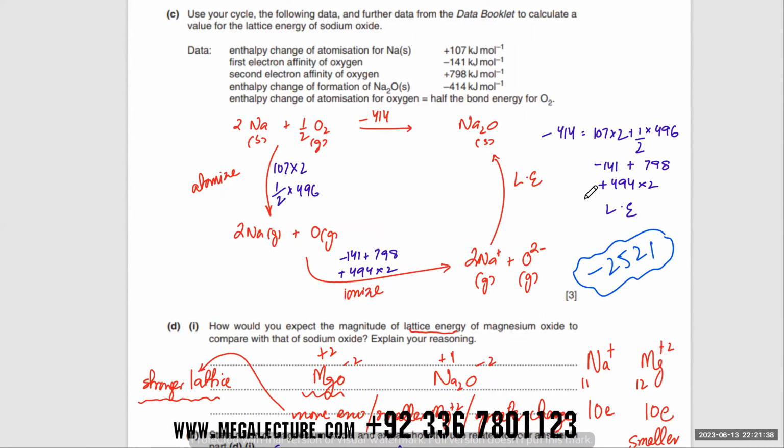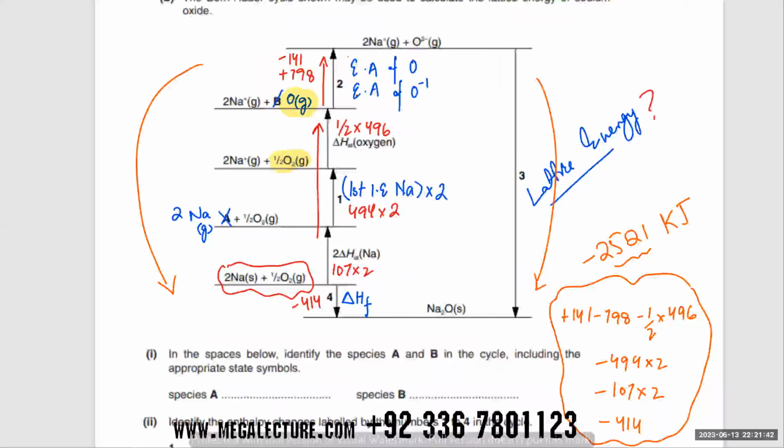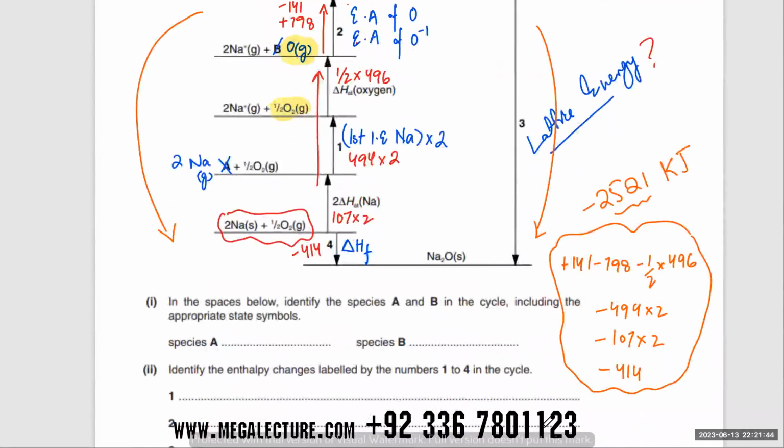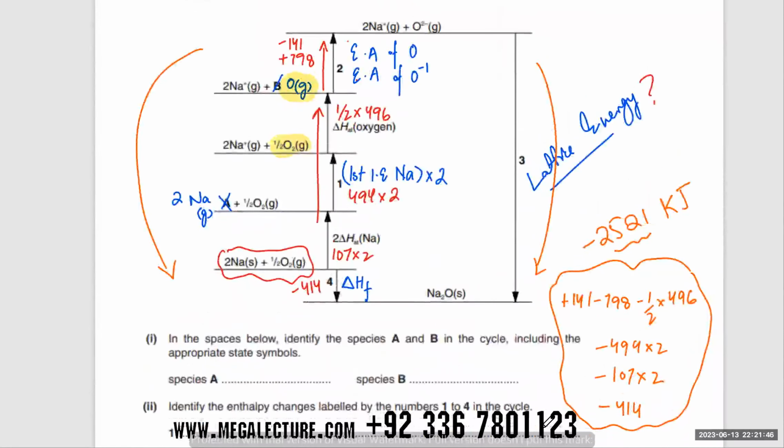When you're solving these questions, you have to be very careful with your calculator. Just make sure that you haven't made any mistakes. -2521 looks all right, because lattice energy usually is exothermic.